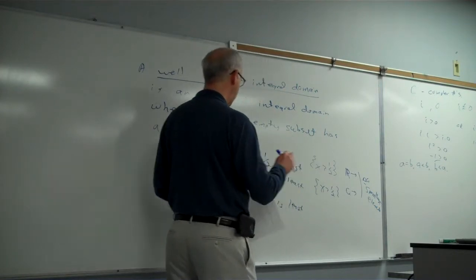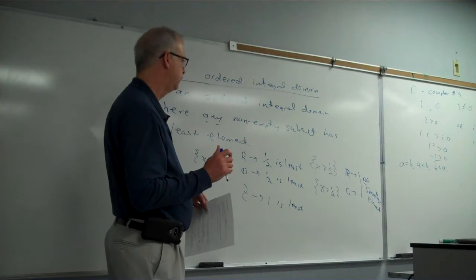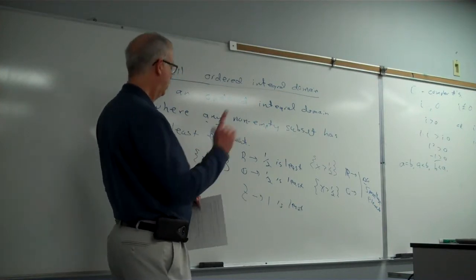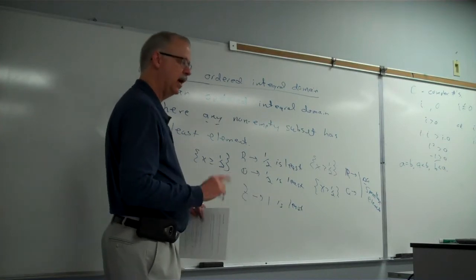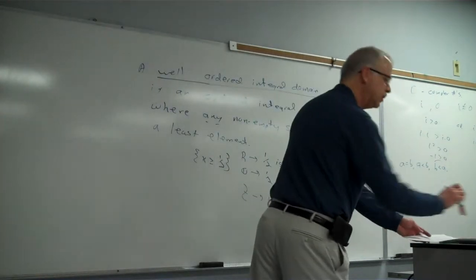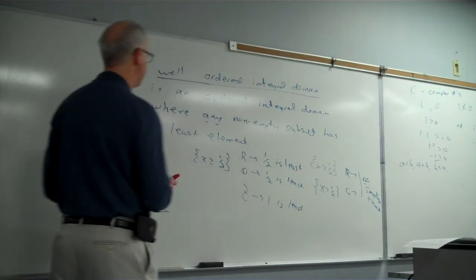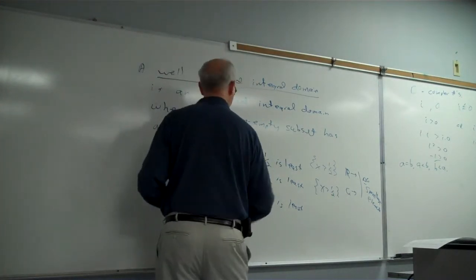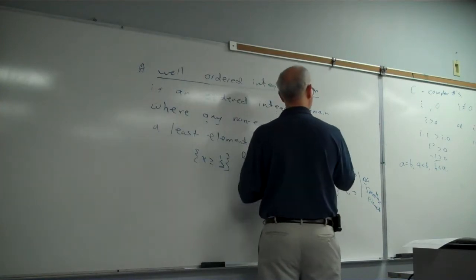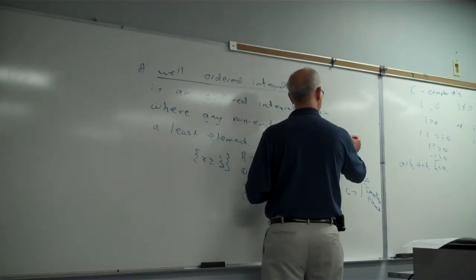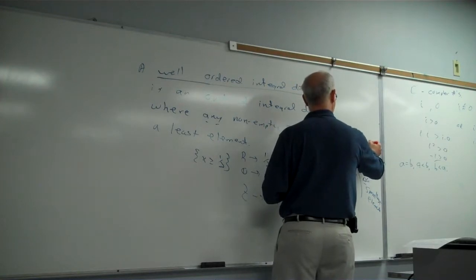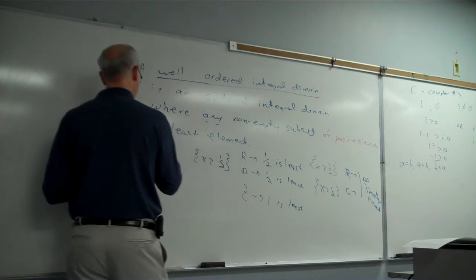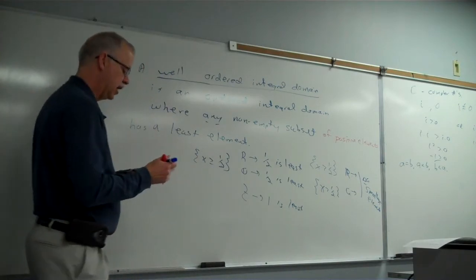Is it a well-ordered set if we only look at the integers, if it was x less than or equal to 1/2? Okay, yeah, I just realized looking at my notes here, I had missing an important part of this definition. Where any non-empty subset of positive elements has a least element.